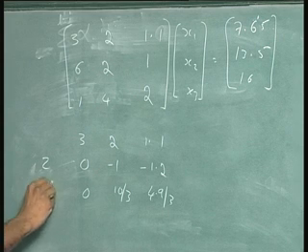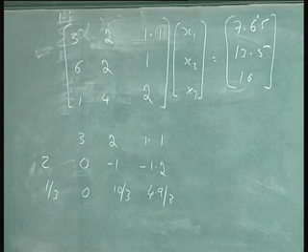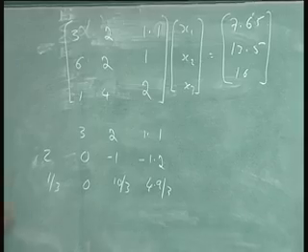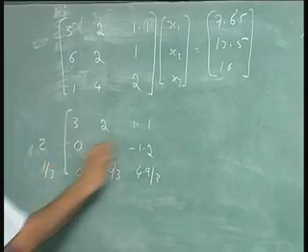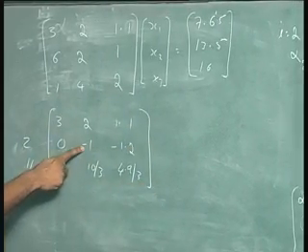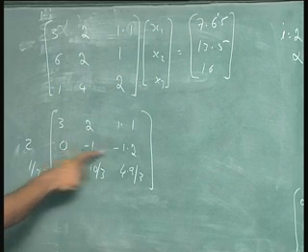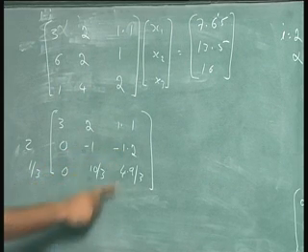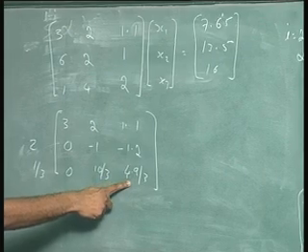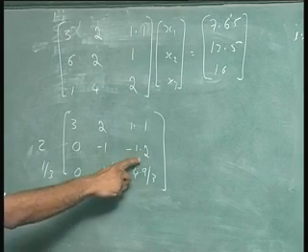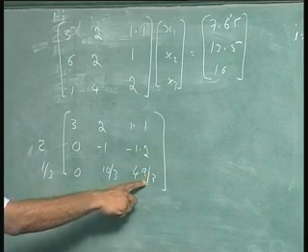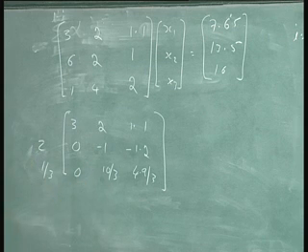Now I had 1 by 3 factor here, and factor 2 there. Then I can further reduce this by multiplying this row by 10 by 3 and adding to this. Then this will go to 0. So that factor is a minus 10 by 3.